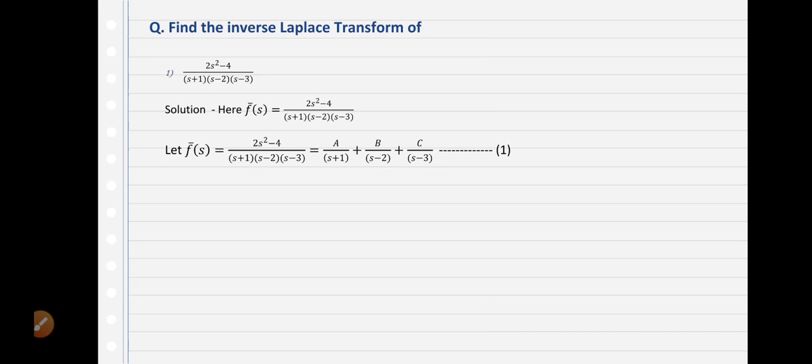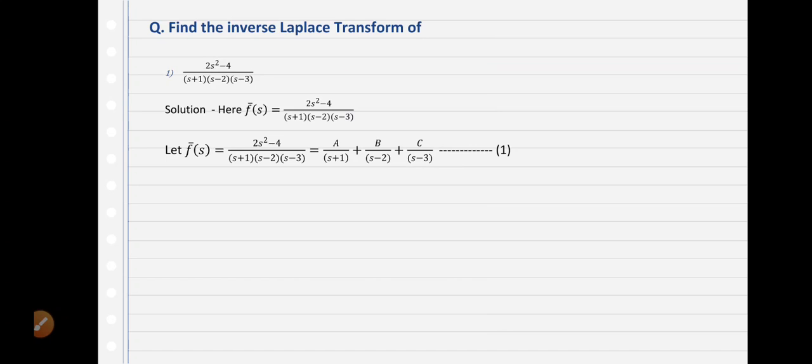The denominator of the given f bar of s has the product of 3 linear terms, so there will be 3 constants, capital A, B, C on the RHS. So it can be written as the first constant upon the first factor plus the second constant upon the second factor plus the third constant upon the third linear factor, and we call this equation number 1.